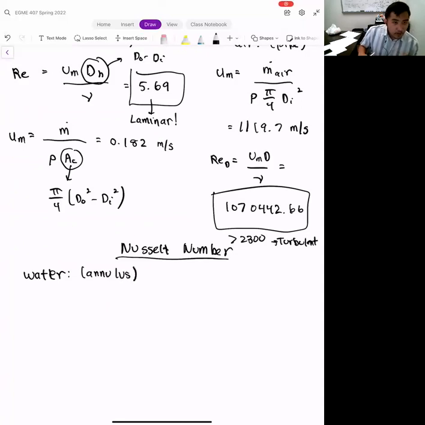if the flow is laminar, then we simply take the ratio of Di over Do. And then what you do with that ratio is compare it to table 8.2 in the book.